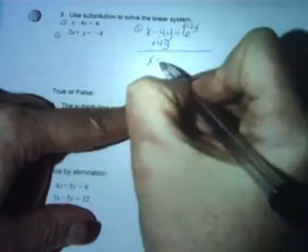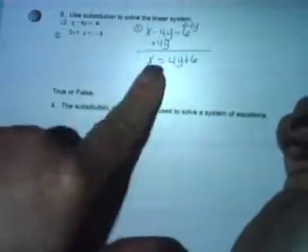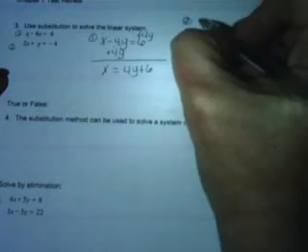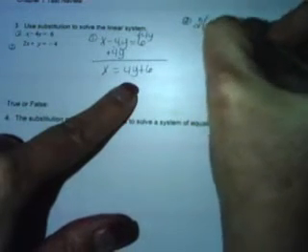I'm going to have x equals 4y plus 6. Now I know what x is, so I'm going to have to plug that into equation 2. I'm going to have 2 times, what is x? 4y plus 6, plus y equals negative 4.